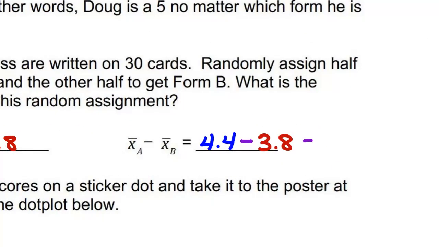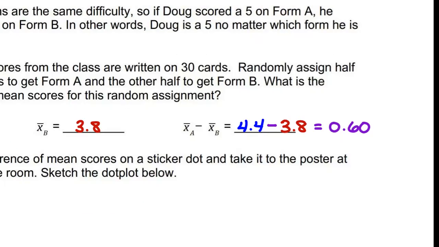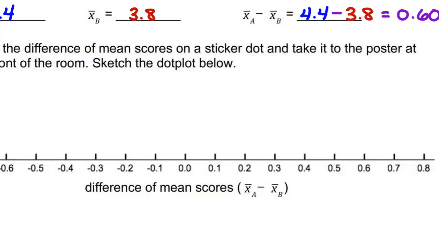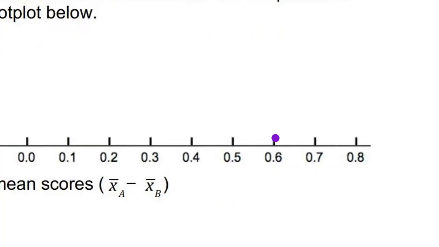So my difference was much bigger. I got 0.60. I'm going to go around the room and get what your difference is, and we are going to plot these. So mine was a positive 0.6.